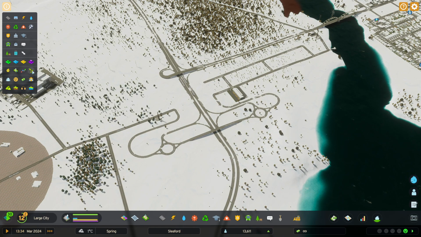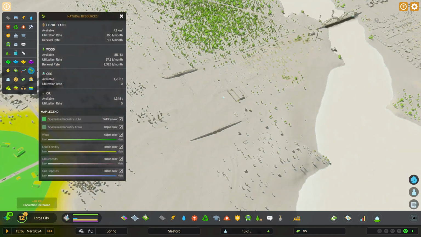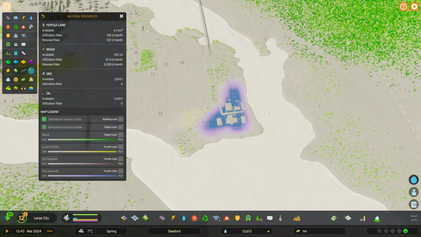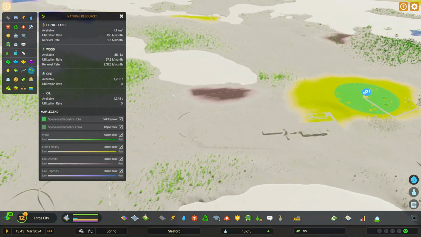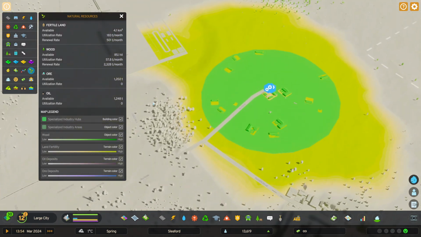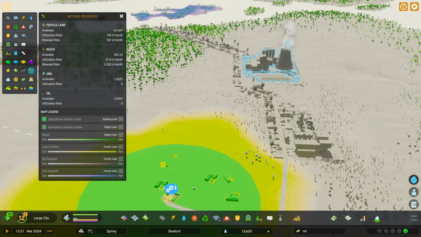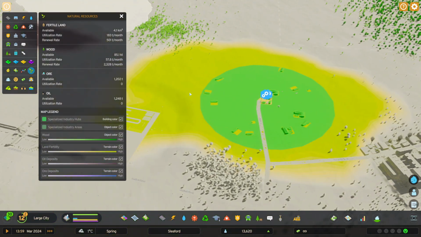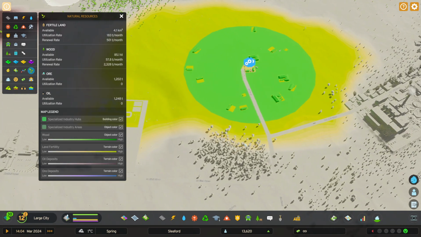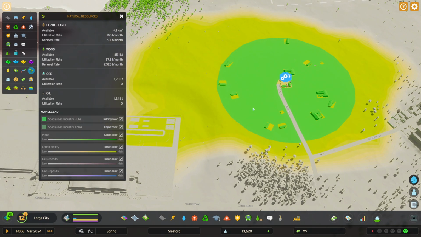resources. So let's open the natural resources over here, and then we can see all available natural resources on our map. Over here I have this huge fertile land, which would be a shame if I use it for industrial area. Instead of this, I can use this land over here for farms, for different farms that require that type of land.